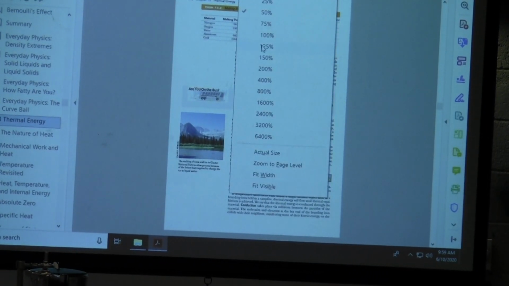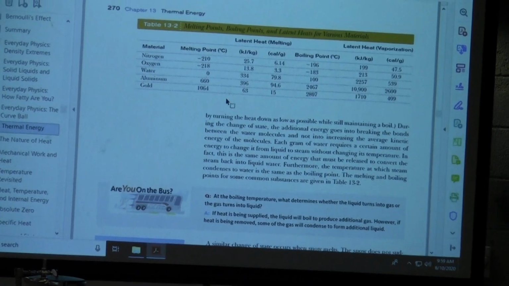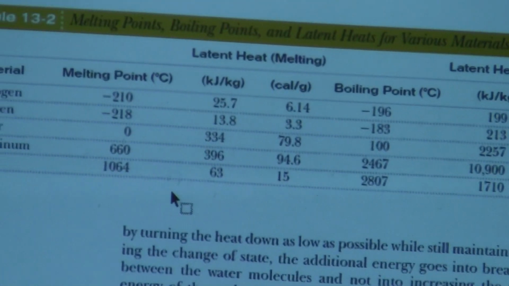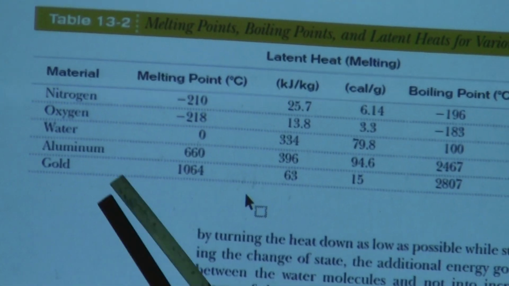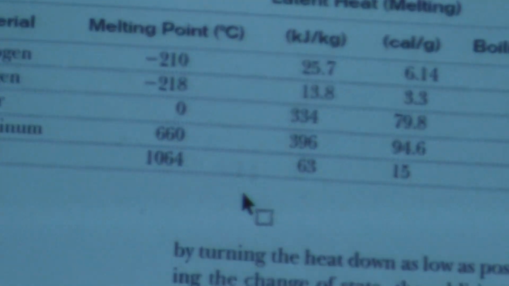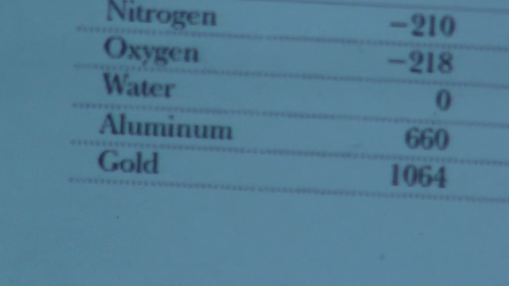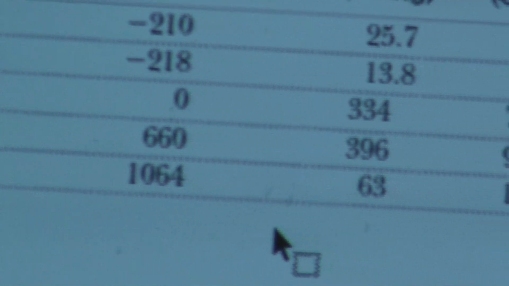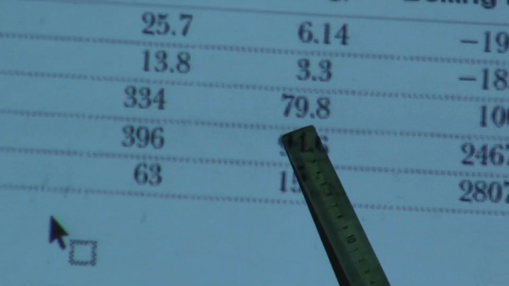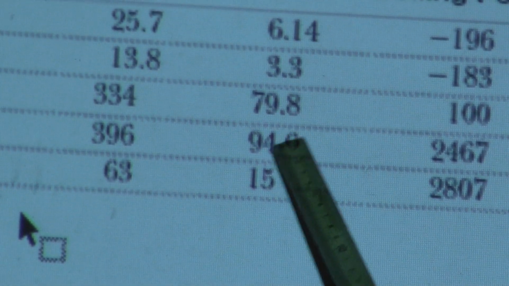And this is it. And so I was working with water. And so if I come over here and say, okay, here's the water, it tells me how much energy it is in calories per gram. There's the 80. There's the latent heat of melting.